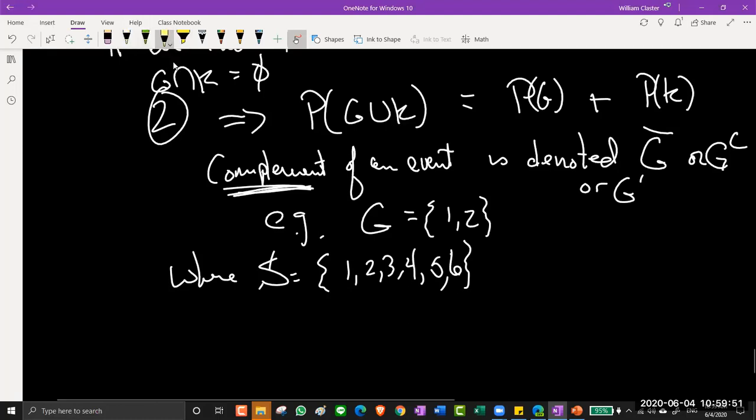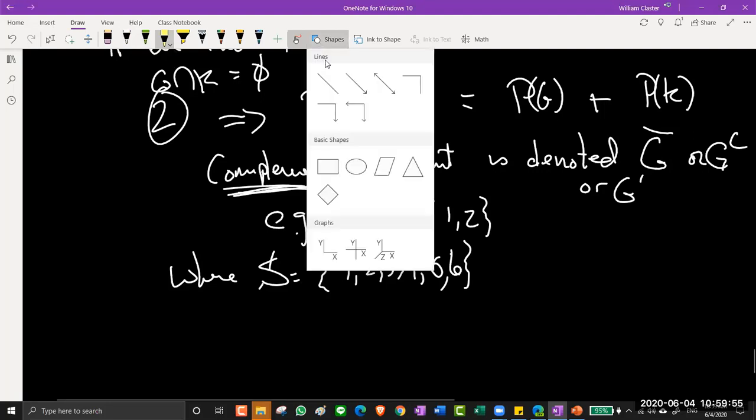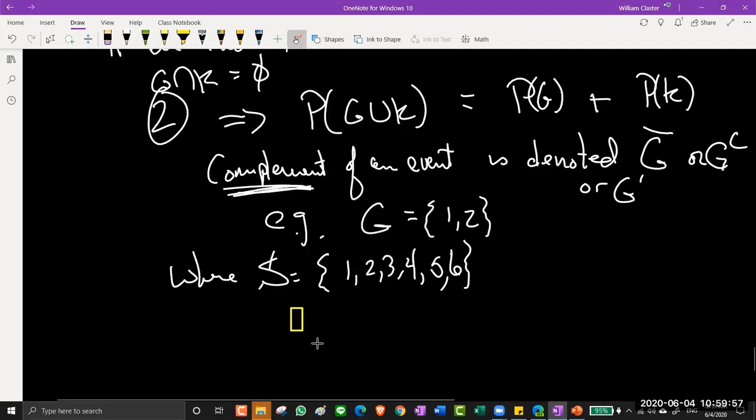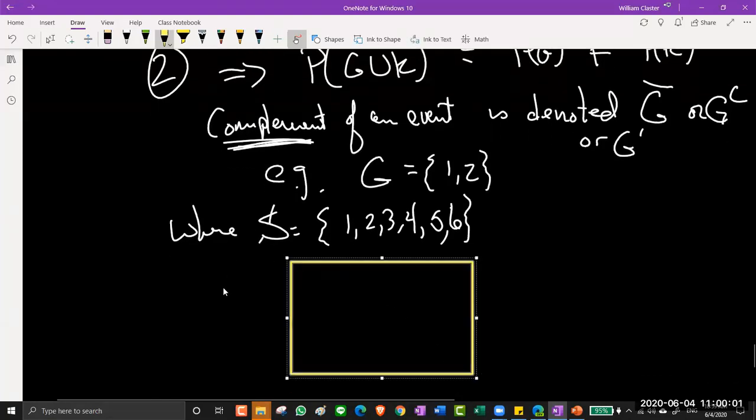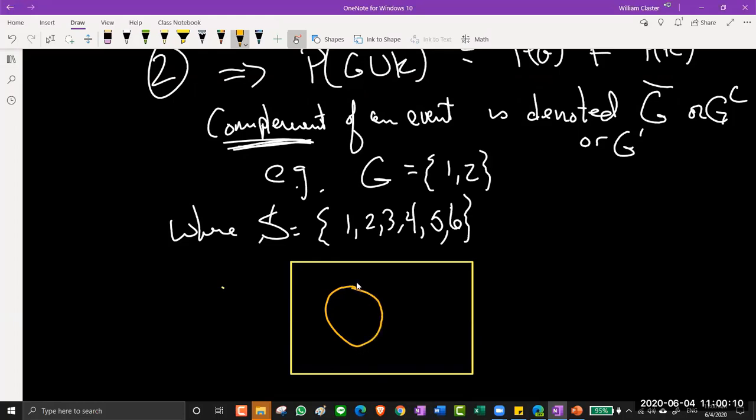Let's say the sample space is here, and G is here.